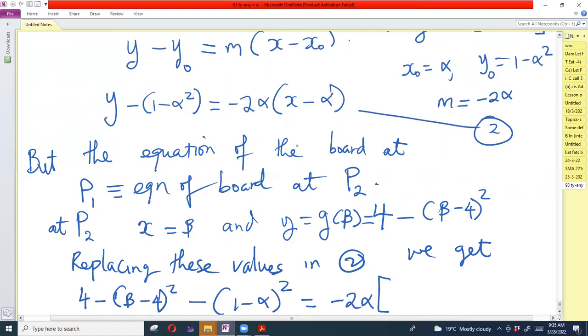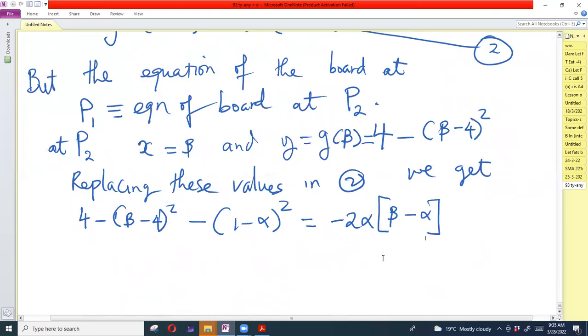The place where you have x, we put beta and then minus alpha. But from 1, we have alpha equals to beta.